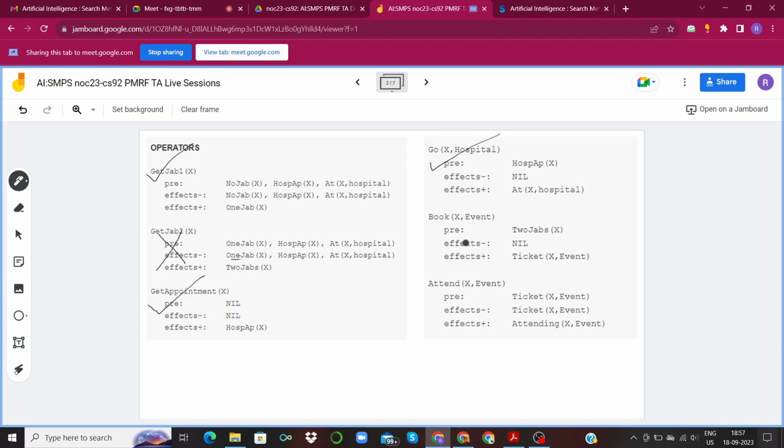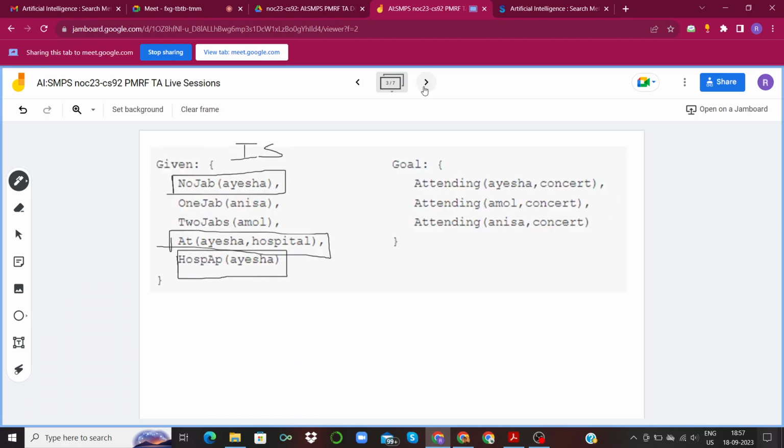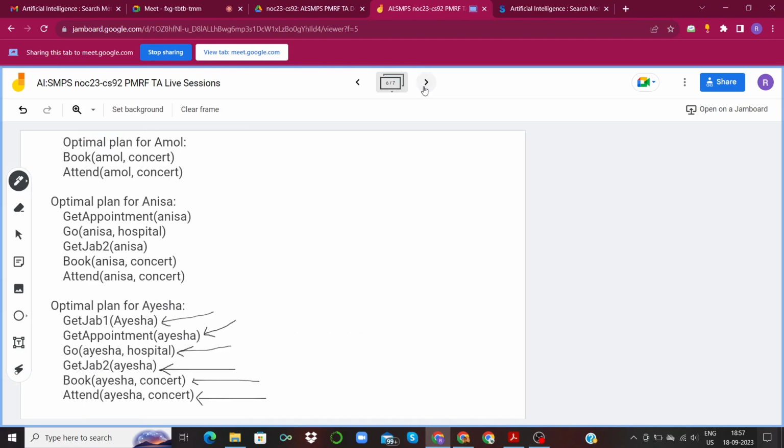Again, we cannot apply book Aisha comma event because we are not given two jabs Aisha. And because we cannot apply this, we also cannot apply attend Aisha comma event. So the three operators we can apply in the first step of forward state space planning are get jab 1, get appointment, and go to the hospital.